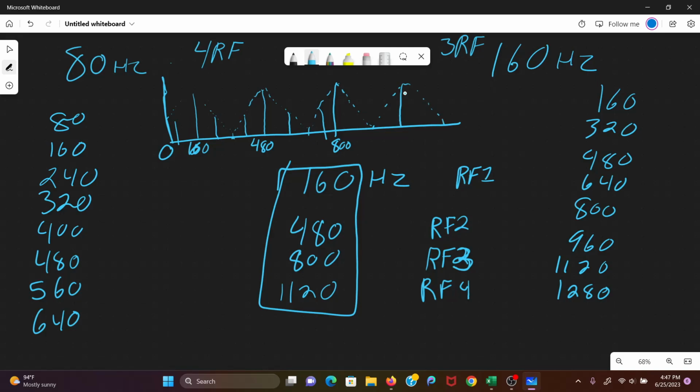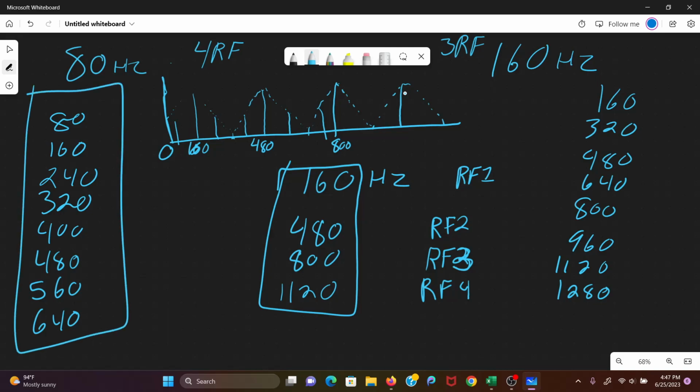Okay. All right, so we're focusing on 80 hertz right now. We've done 80. It's right here. It's about halfway up. 240.